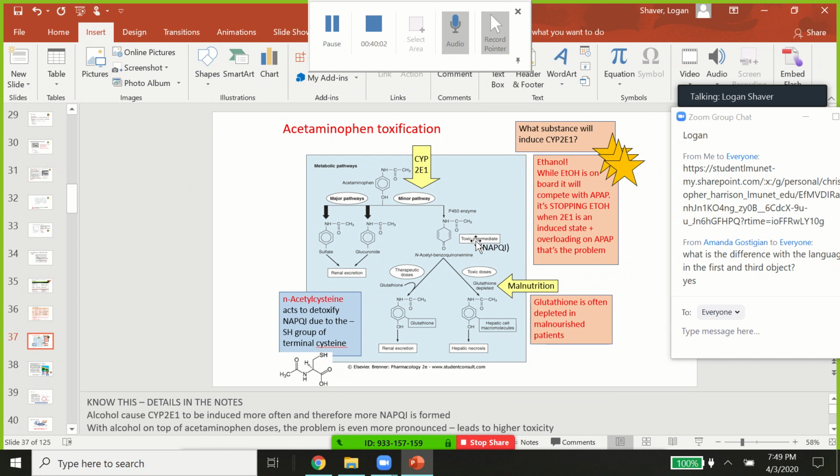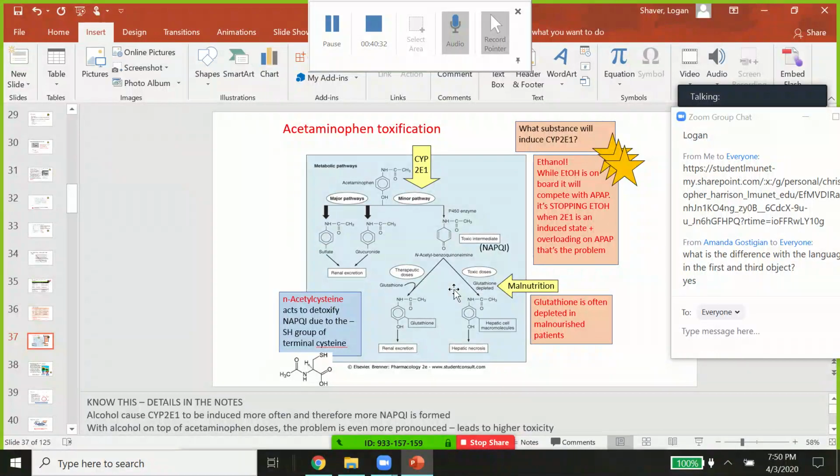And what depends on that? This minor pathway leads to this thing called NAPQI. That's the way I'm going to say it. Of course, it's a lot longer name than that, but I'm definitely not going to get into that. Then there's a fork, right? Either you have glutathione, which is kind of like an amino acid-type molecule, actually more like a vitamin.